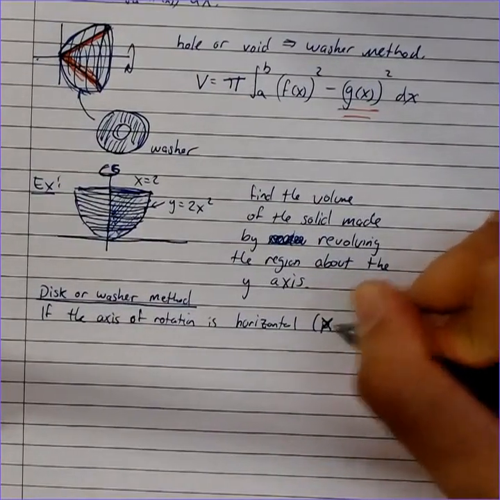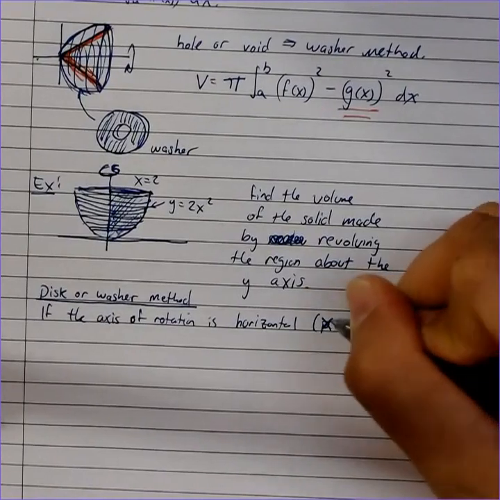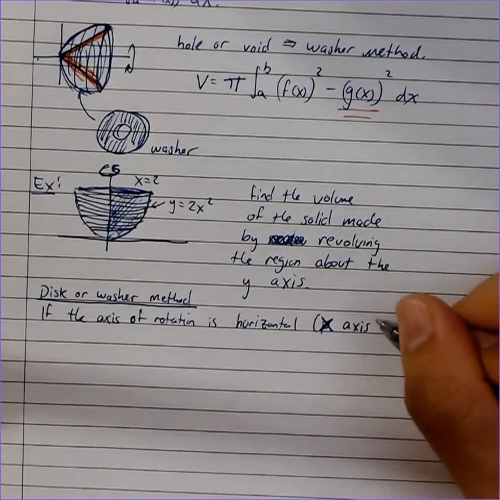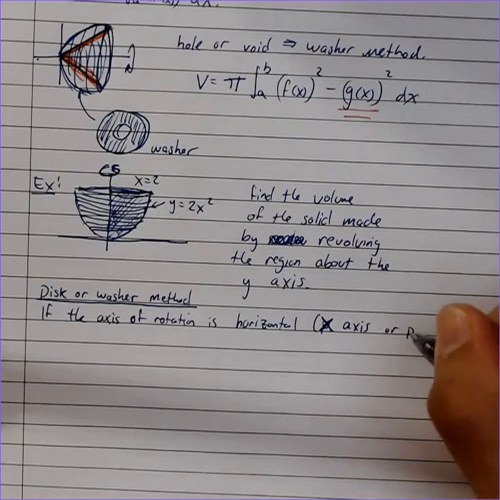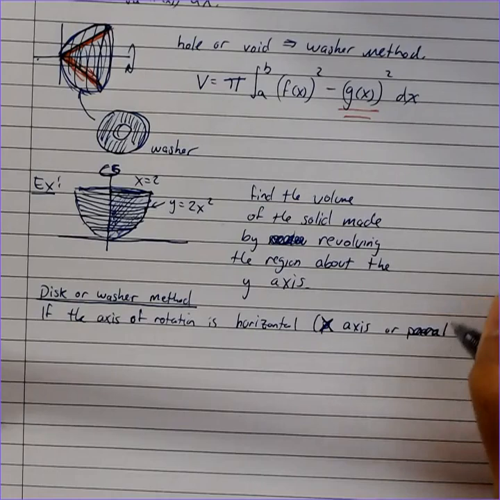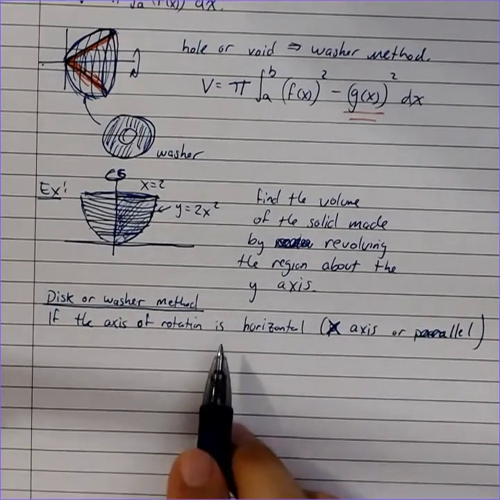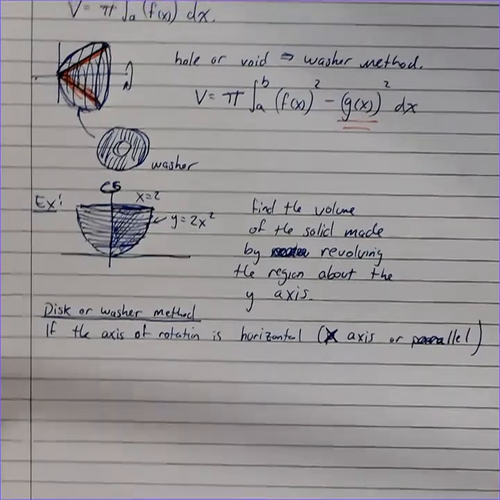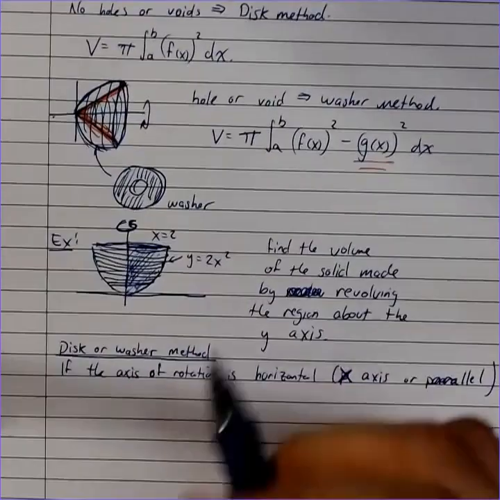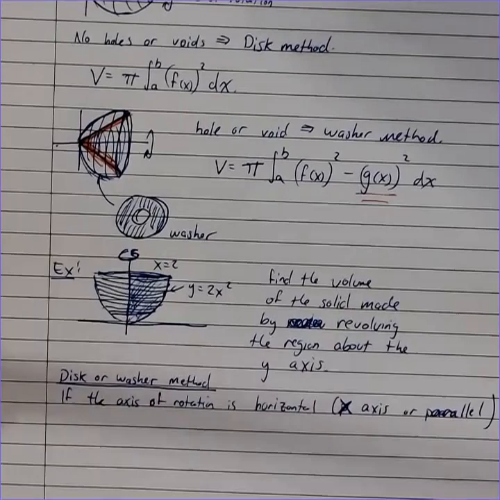It can be the x-axis or anything parallel to the x-axis. If the axis of rotation is horizontal, it's the x-axis or it's parallel to the x-axis, then you're going to end up integrating with respect to x.